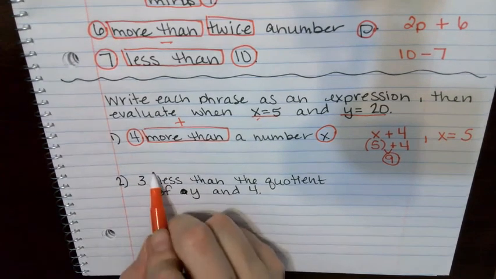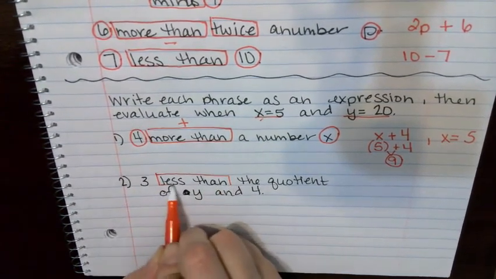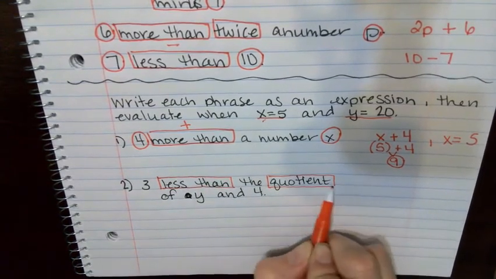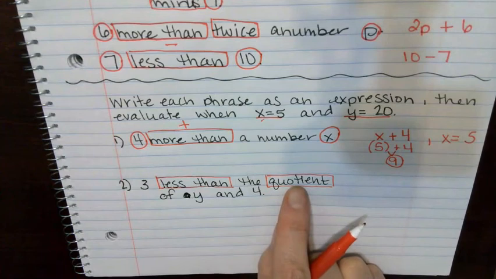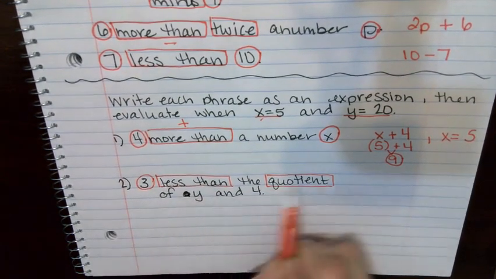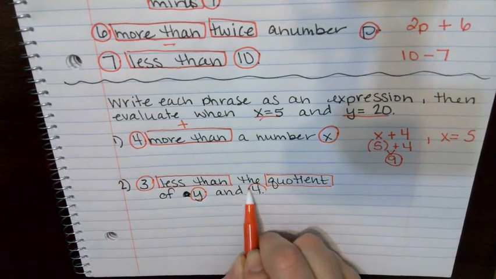So I have less than, and then I have quotient. Now since quotient means the answer to a division problem, we're actually going to write this part first. So I have 3 less than the quotient of y and a number 4.